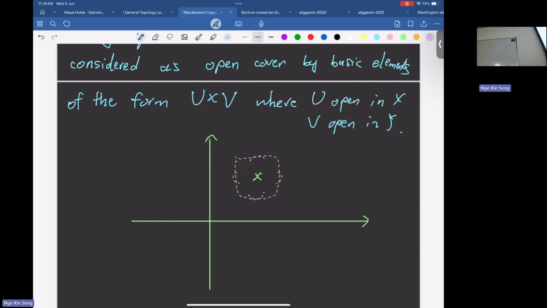So you should somehow reduce from these two directions. But how to reduce this open cover to the vertical and horizontal components? How?